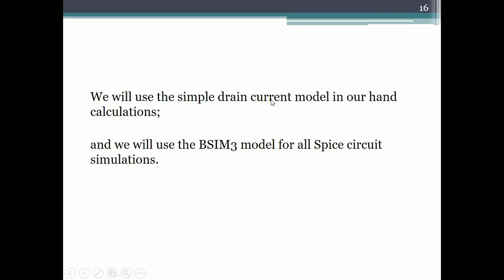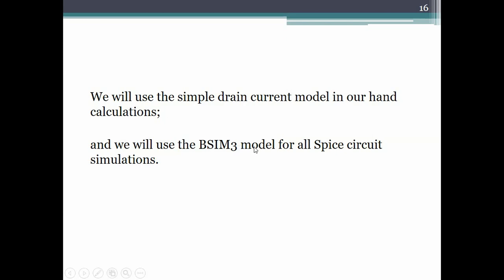When we are designing things on paper by hand, which we will do for most of the circuits we study, and we'll see why we need to analyze later, we will use the simple drain current model that we derived in this lecture. When we do simulations in SPICE, we will use the BSIM3 model.